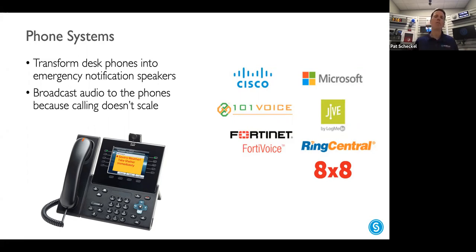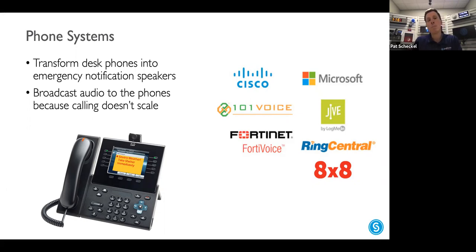Without getting too far into the weeds, know that it does not scale well. If you want to have a deeper technical conversation about that, let us know. We also have a blog post that covers this in great technical detail. But for the scope of this discussion, know that calling phones doesn't work very well at all.